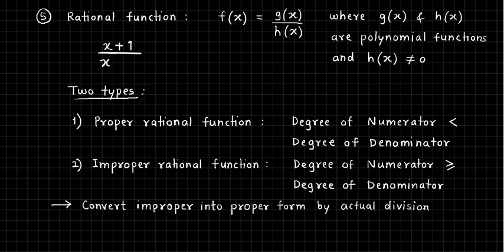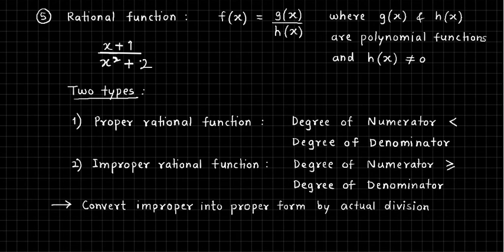So therefore in the denominator I can have something like, say, x square plus maybe say 2. So x square plus 2. Alright, that is the example of a proper rational function.